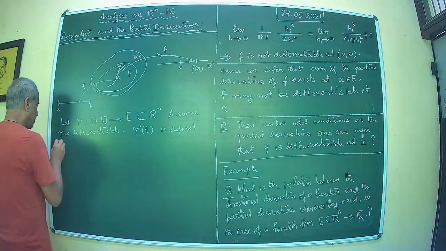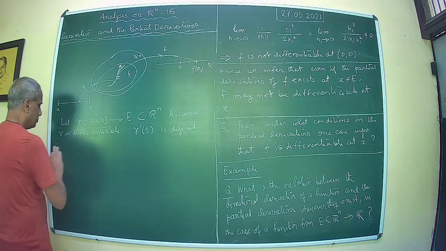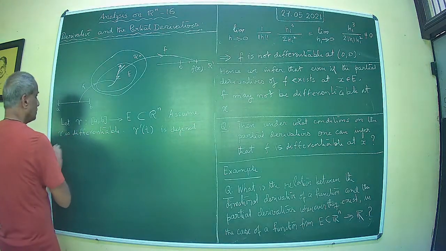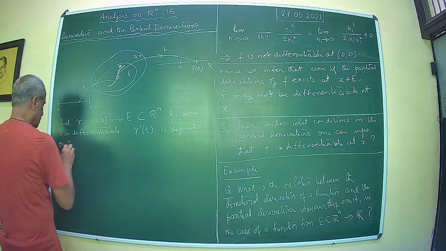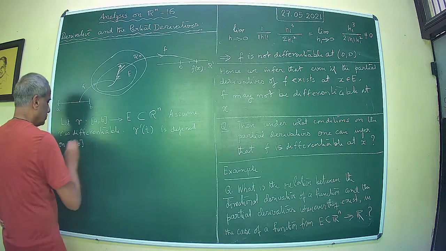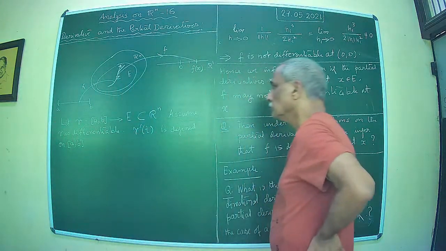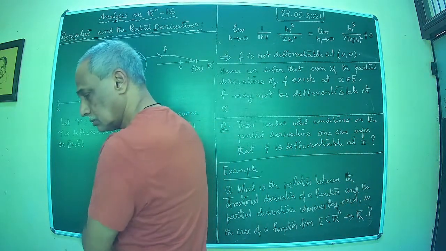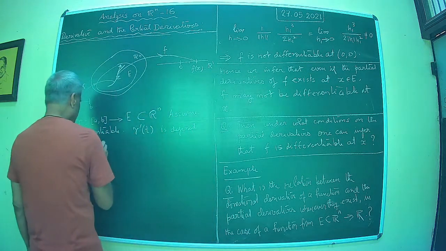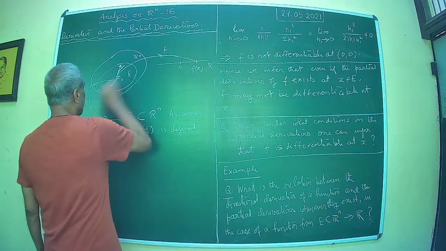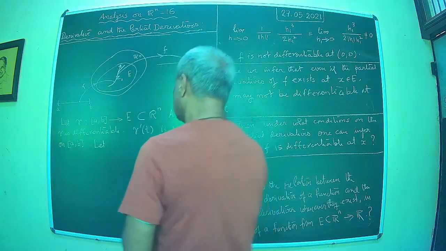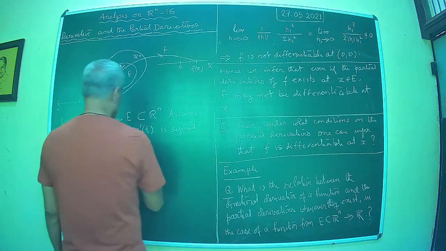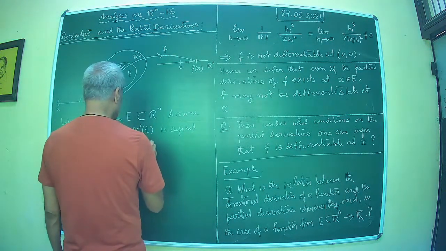As a map on AB. Let us take the derivative at the point x0.